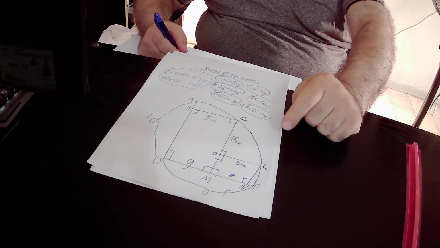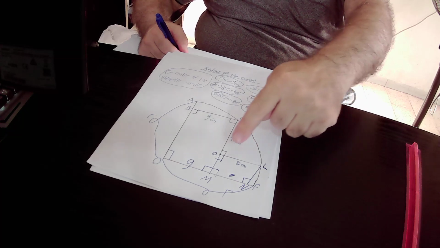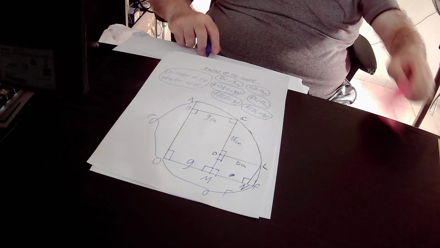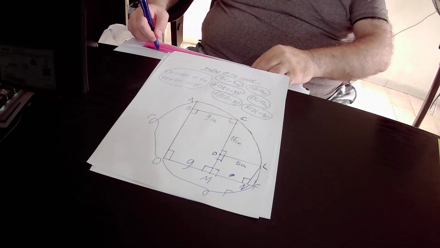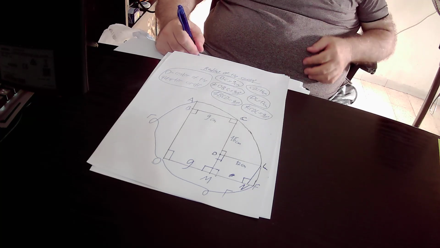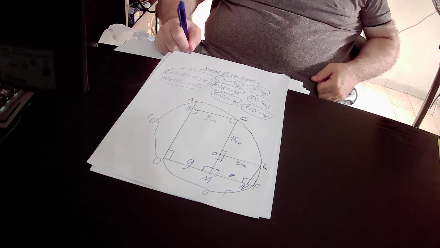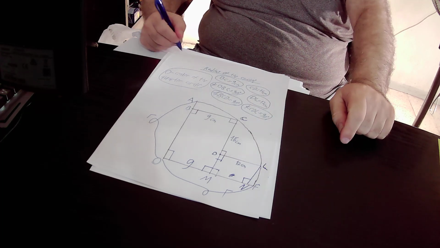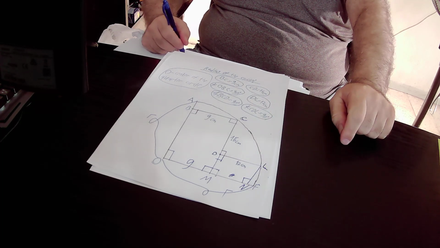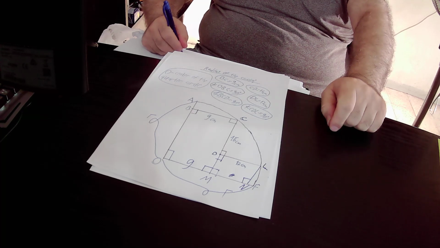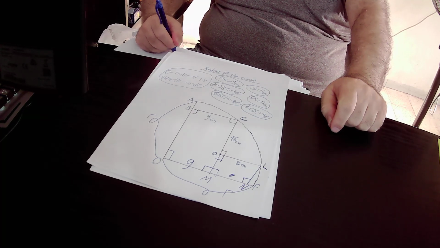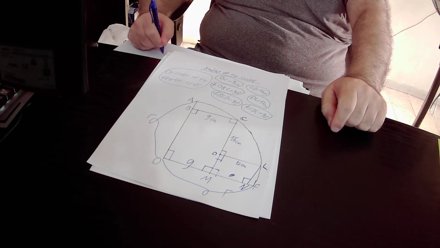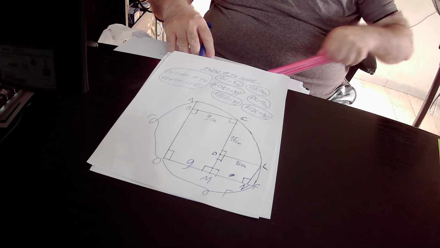So repeat again, inside quadrilateral DLMN, we have three right angles, and the sum of three right angles is 90 times 3, which is 270 degrees, plus the size of the fourth angle, that is actually angle DLN. In total, the sum of those 4 angles must be equal to 360 degrees, according to the rule that the sum of the angles in any quadrilateral is equal to 360 degrees.